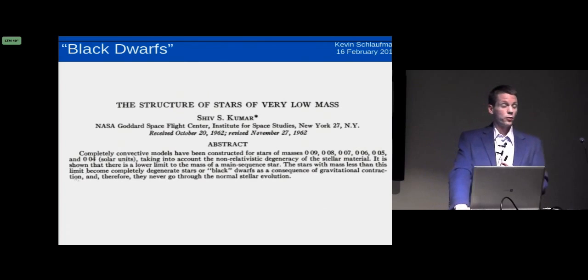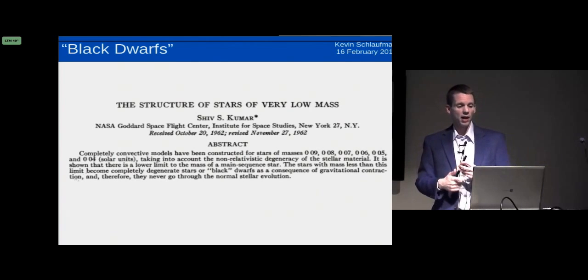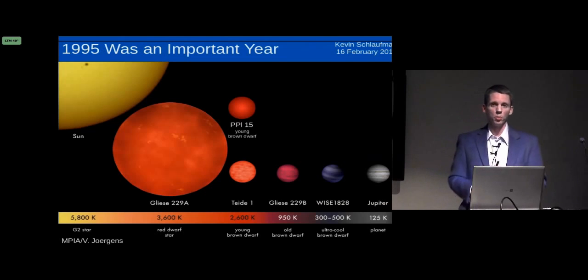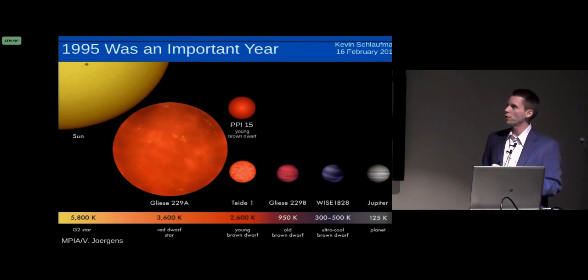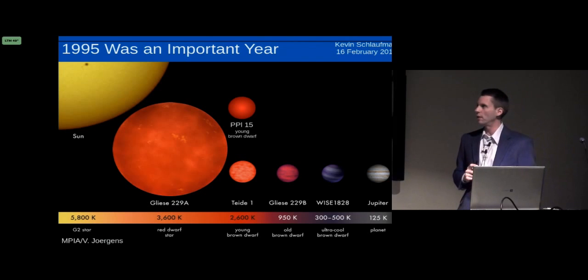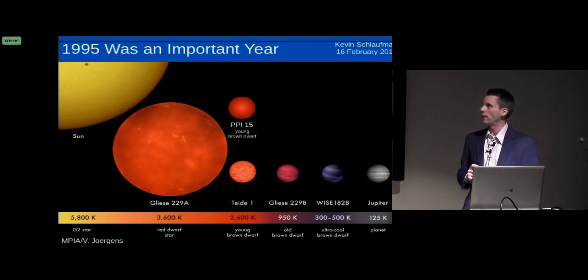And as I indicated before, 1995 was the year the first planet around a star like the Sun in our own galaxy was discovered. It was also an important year for these brown dwarfs. In fact, the first 3 brown dwarfs were all discovered and announced within a few months of the discovery of the first exoplanet.